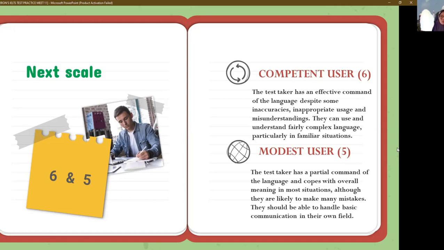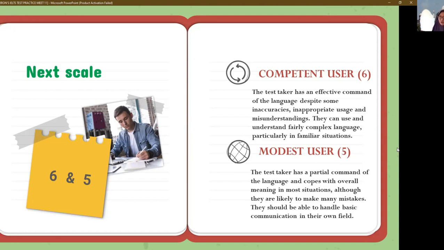Although they are likely to make many mistakes, they should be able to handle basic communication in their own field. Okay, this is about band 6, and band 5. We have started from 9 and then 8 and then 7, 6, and 5.